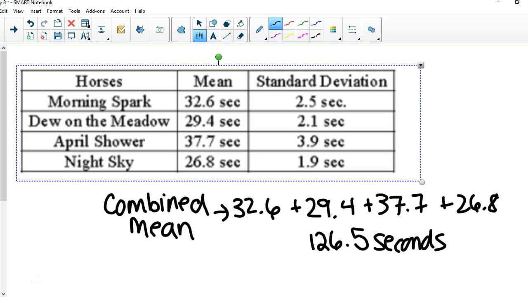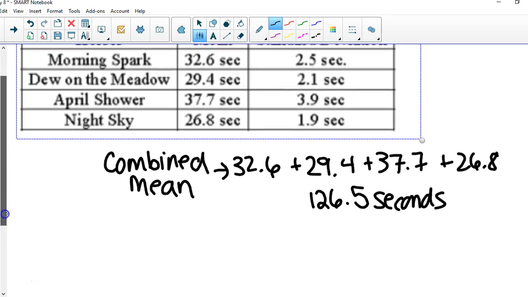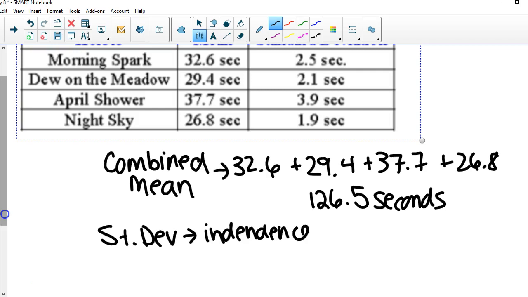Now to find the standard deviation, you do have to say independence is stated in the problem.